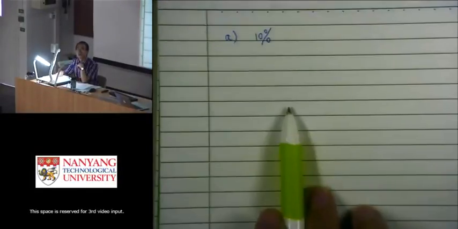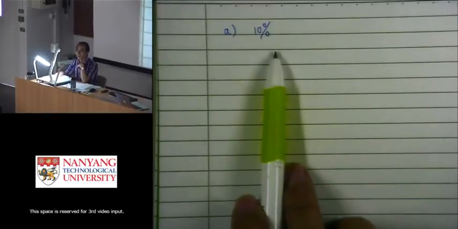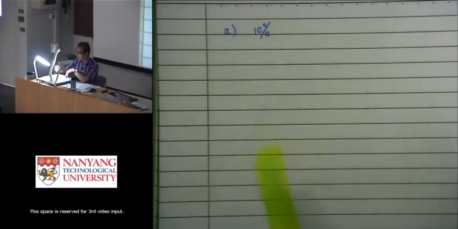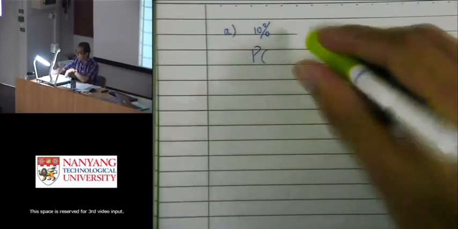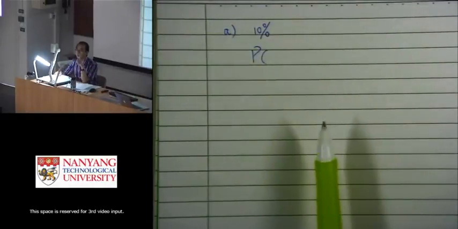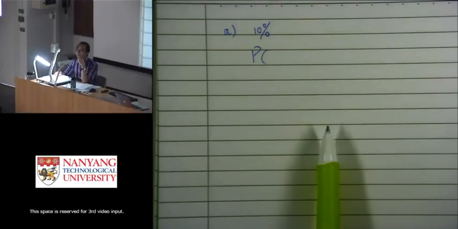So in this shipment, the defect rate actually equals 10%. If we choose one component out, what is the probability that this component is defective? 0.1, right?